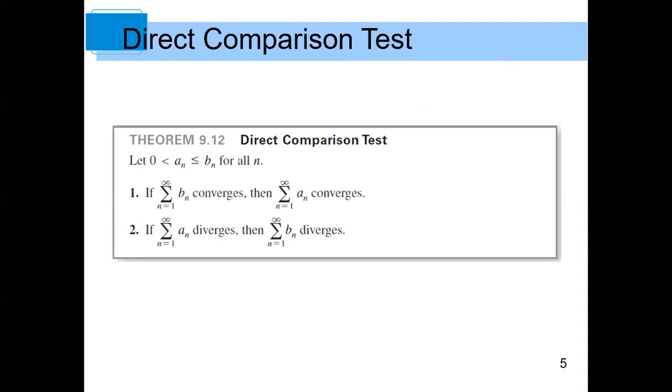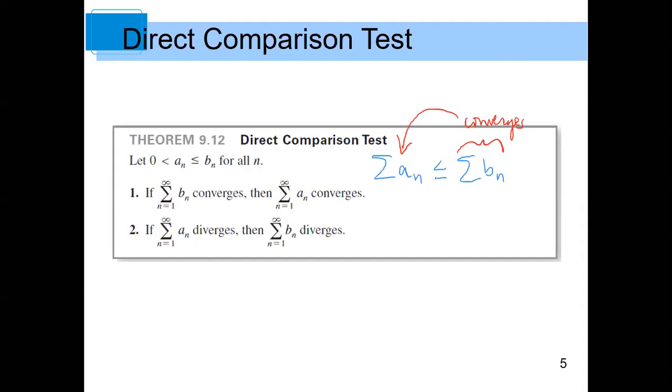The way this is set up, each a_n is less than or equal to the other guys, so the series a_n is below series b_n. If series b_n converges, that implies that series a_n converges.